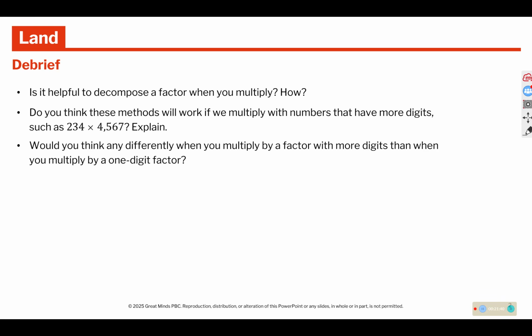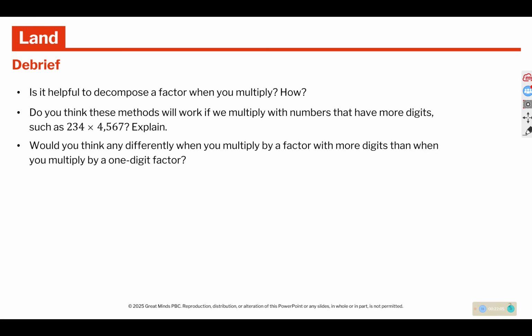Do you think these methods will work if we multiply with numbers that have more digits? Instead of multiplying by 4, what if we multiplied by 234? Do you think that process would still work? We can still use many of those similar processes, but we would have to adapt them.